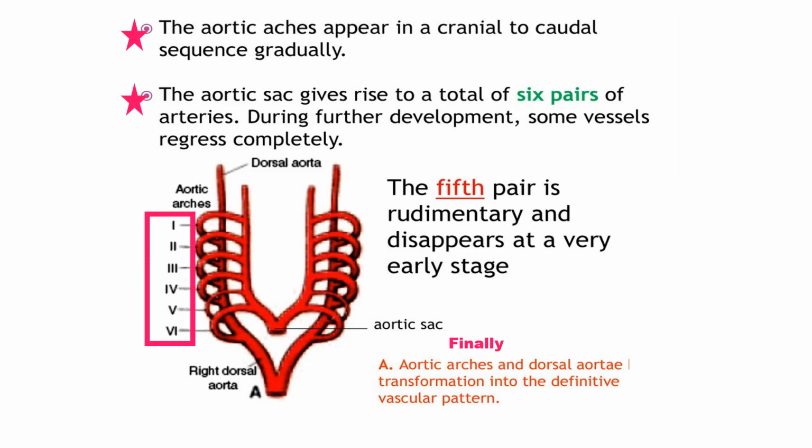The aortic sac therefore gives rise to a total of 6 pairs of arteries. During further development, some vessels regress completely. The fifth pair is rudimentary and disappears at an early stage. Finally, the aortic arch arteries and dorsal aorta transform to form a definitive vascular system, which occurs around the 8th week of intrauterine life.